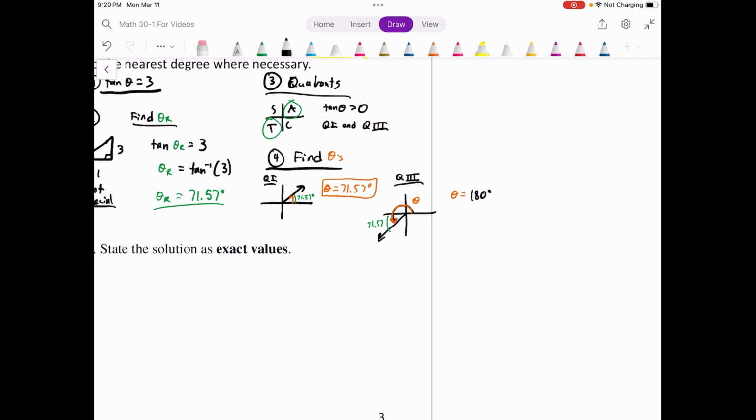How far? Yeah, 71.57 degrees past 180, giving us that this value of theta would be 251.57 degrees. Whoops, I didn't round this one to the nearest degree. It's okay, I'm about to report all of my angles as my final answer, so here we go.